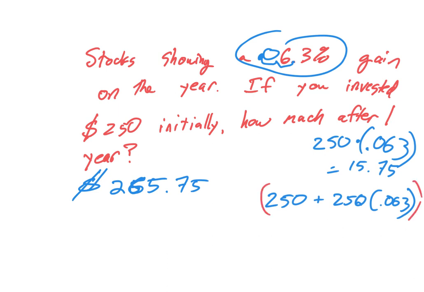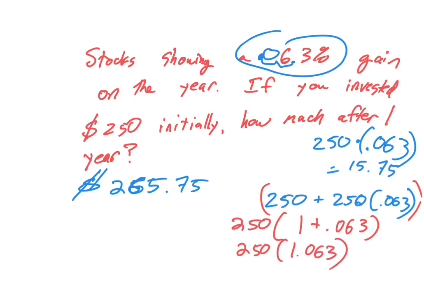They both have a 250. So if I factor that out, so reverse distributive property, I'll have 1 plus 0.063, which is going to be 250 times 1.063. Because I care about the original investment amount plus the 6.3%. That's one way of doing it.